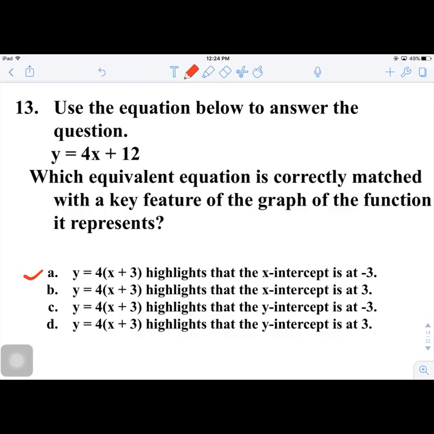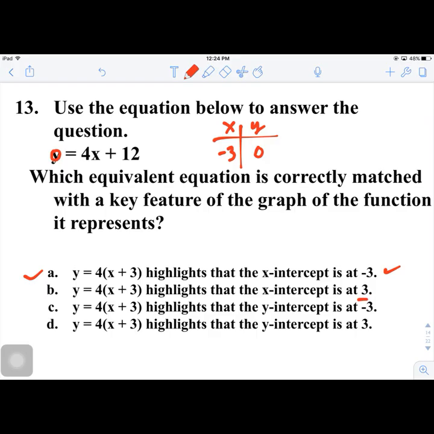The x-intercept is when y equals 0. So when y equals 0 and we solve for x, that's going to give us -3. So we look at the answer choice. That looks like it's a correct answer already, but let's take a look at the rest.